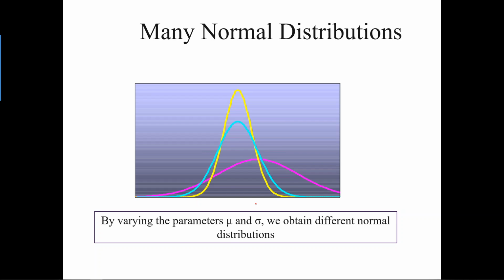Depending on how mu and sigma change, you will get a different curve, such as these 3 curves: yellow, blue, and pink. First, I want to talk about mu, which corresponds to the location of the peak. You find the peak of the pink curve and draw a vertical line; here is mu pink, called mu1.